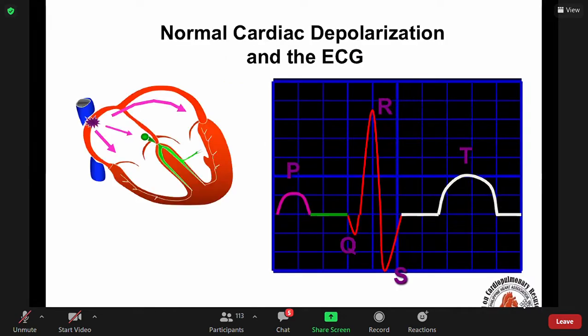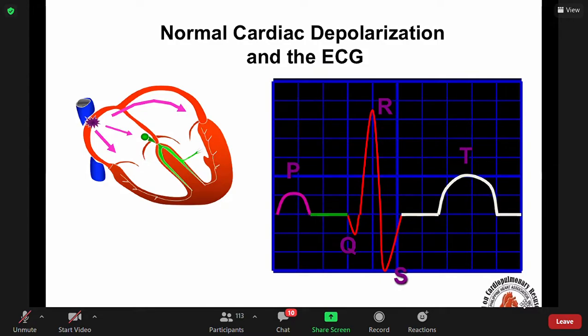Second degree AV block. In first degree AV block, there is just a delay of more than 200 milliseconds, but every beat passes to the ventricles. Every beat, there is conduction to the ventricle. I'm sorry. In second degree AV block, the first beat is prolonged or not prolonged but conducts. The second beat has a prolonged PR interval and then does not conduct.